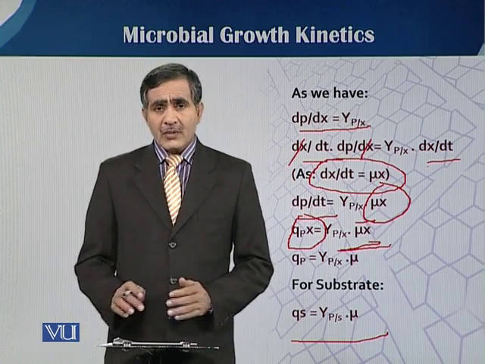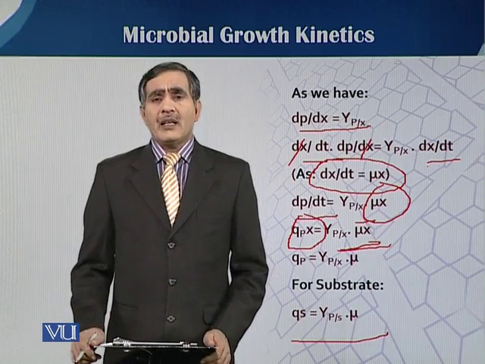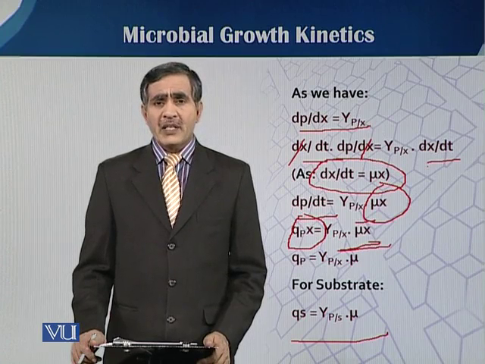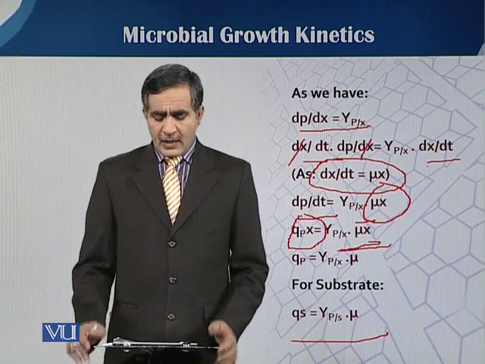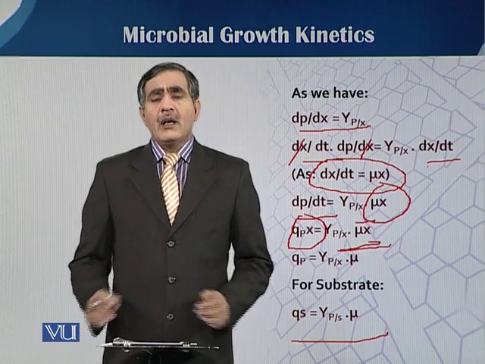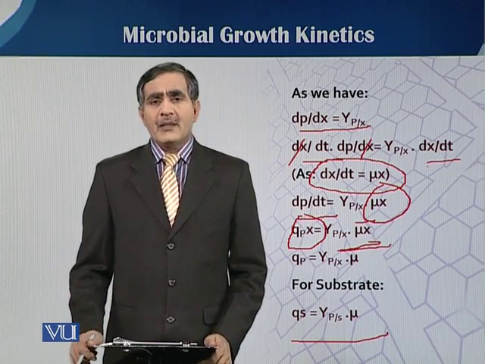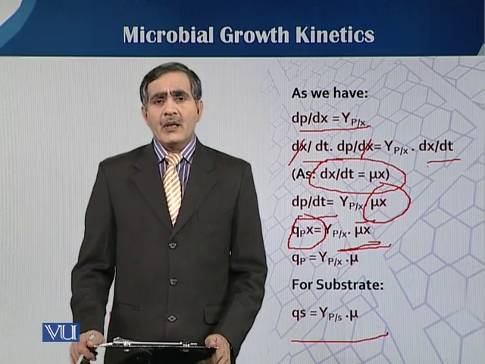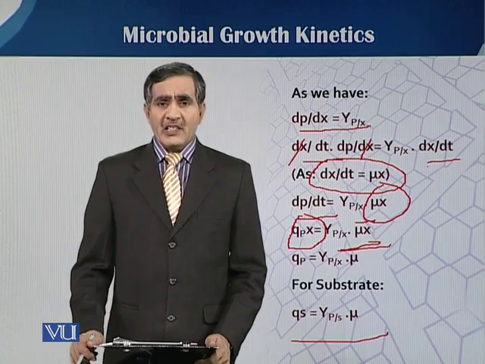This is the final equation with respect to the process kinetics during batch fermentation. This process kinetics is discussed by Pirt in detail in his book dealing with fermentation kinetics.